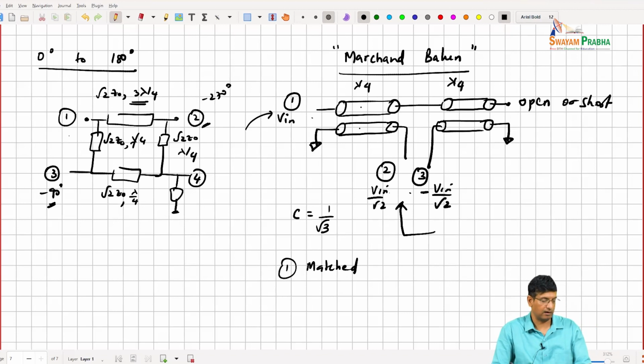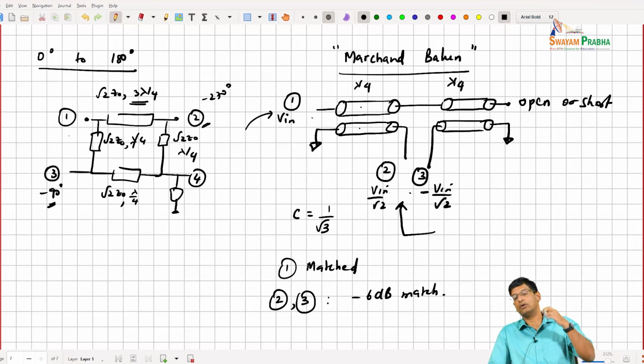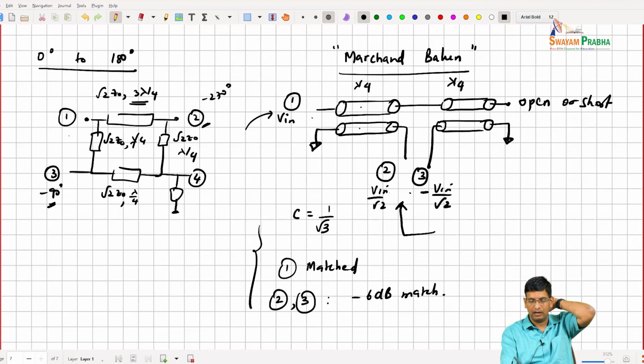And port 2, port 3 will effectively be a 6 dB match, right? So you have this trade-off here where you can't match all three.